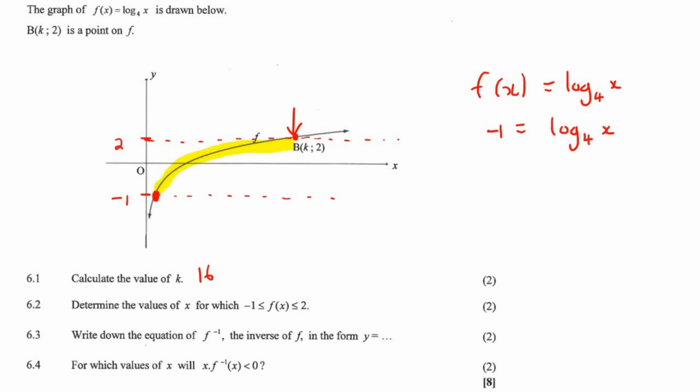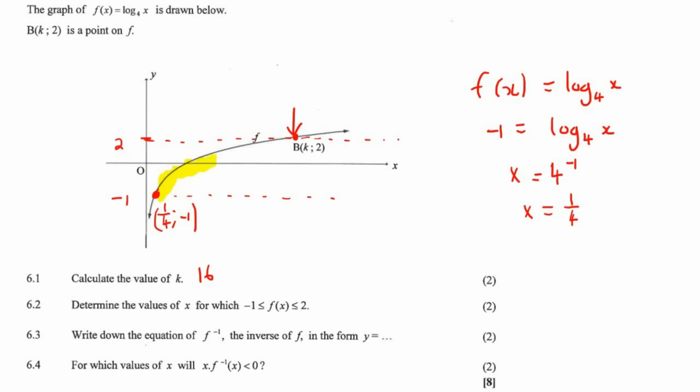So now we just reverse everything again. So we say 4 to the power of -1 equals x. And so x would be equal to, sorry, let me not switch that around. Some students panic when I do that. So x would be 1/4. So that means the x value here is 1/4, and the y value is -1.